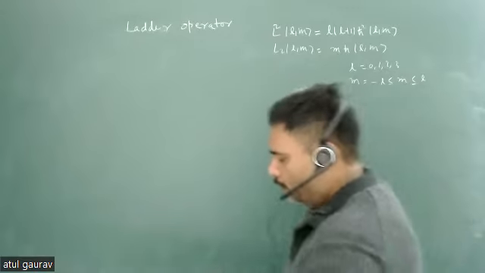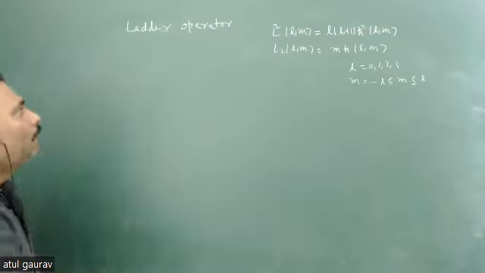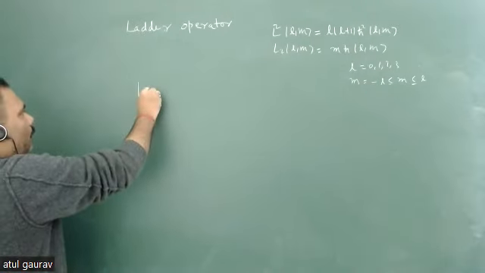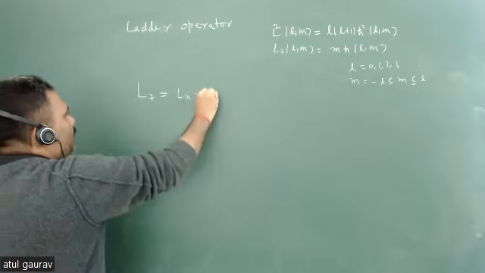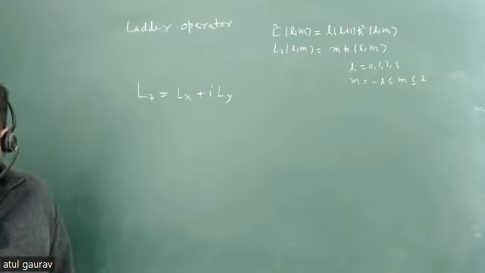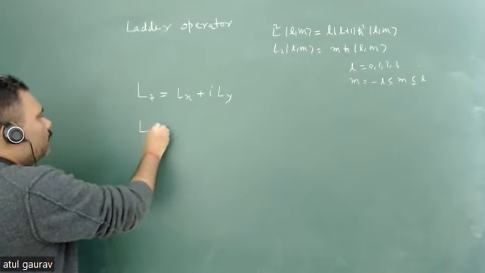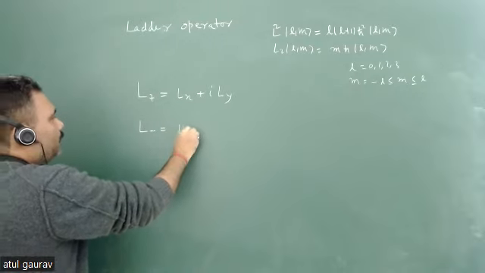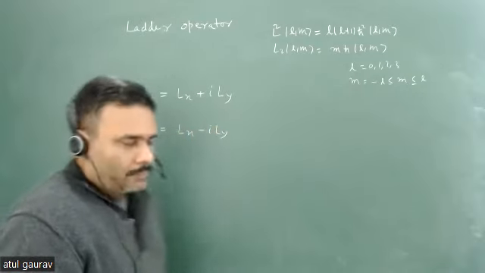So now we can define a new operator. This new operator is the L plus operator, L+ = Lx + i Ly. Similarly, its complex conjugate is L minus, that is Lx minus i Ly.